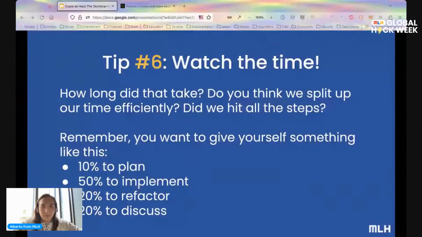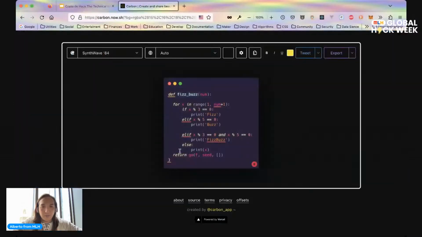Sorry, I have many tabs open. Yeah, here. You mean like in the return go FC speed, right? Oh yeah, I don't know what that does.